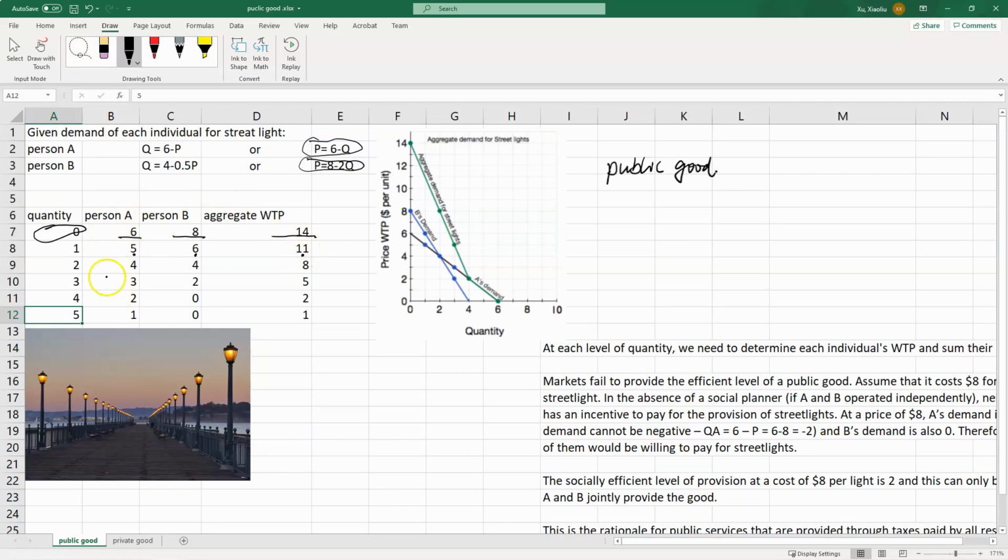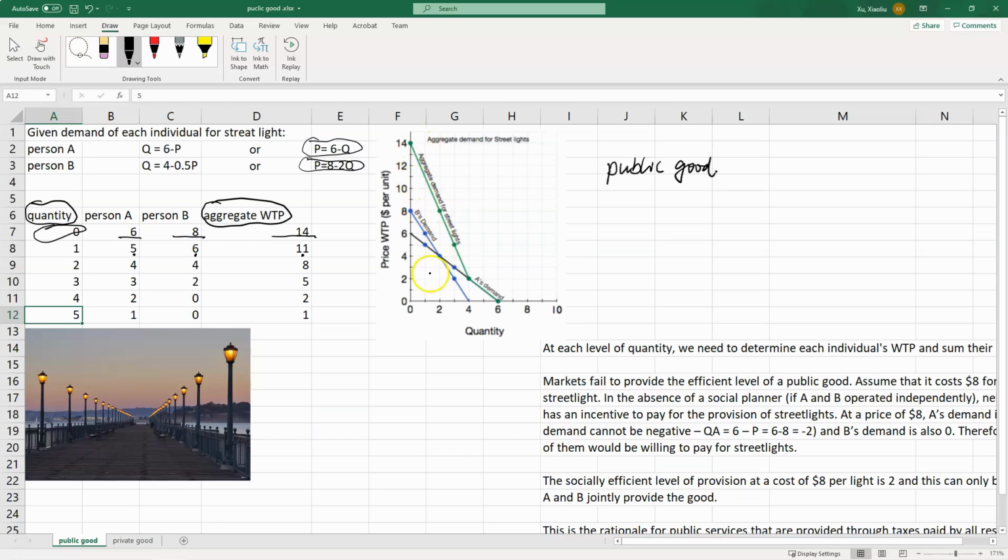So when we do this one by one, we get a relationship between the quantity provided and the aggregate willingness to pay. So when we found those points on this graph, we can plot the aggregate demand curve for street light.